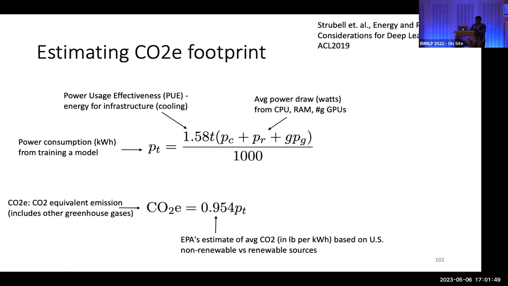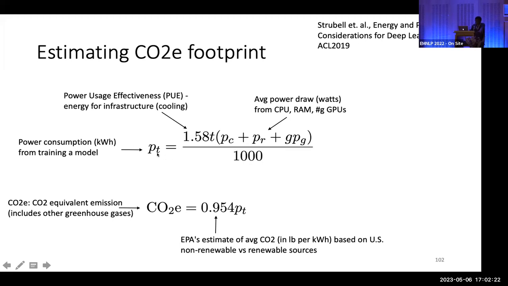Now I should explain more. How do you actually calculate carbon footprint? Actually, are there experts here? Do people know? Okay, I had to look this up and I'm not totally confident myself, but roughly, as a rule of thumb, you can think of it this way. First of all, you need to think about your power consumption, called PT. That's your power consumption from training a model, in units of kilowatt hours.